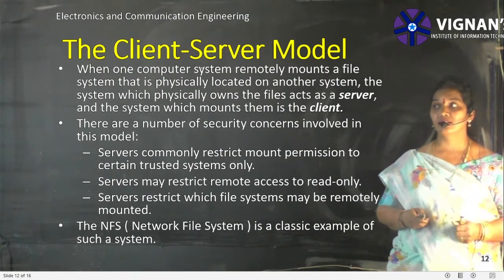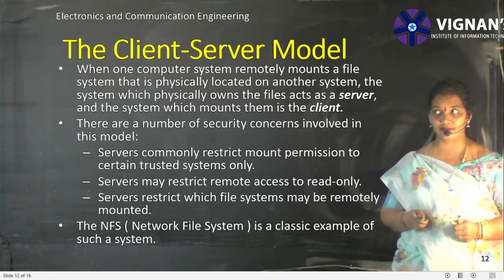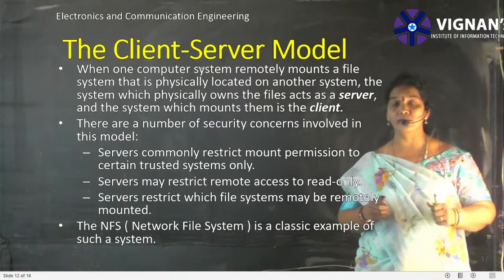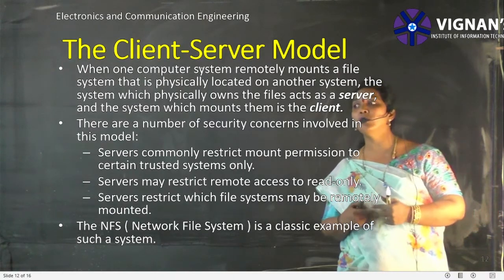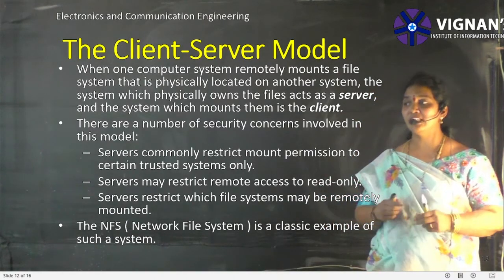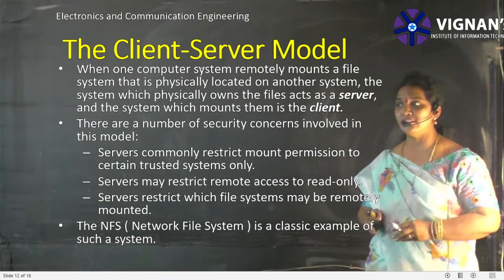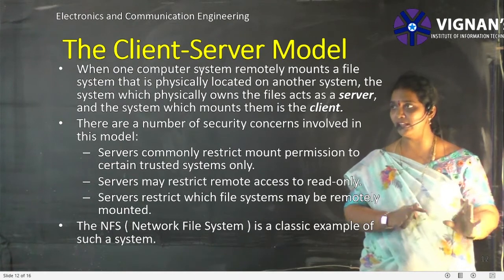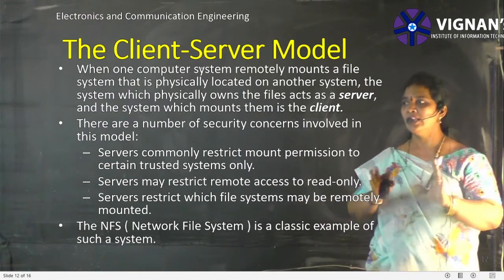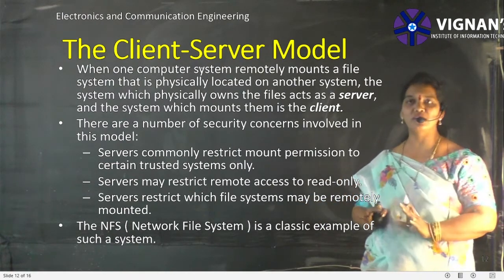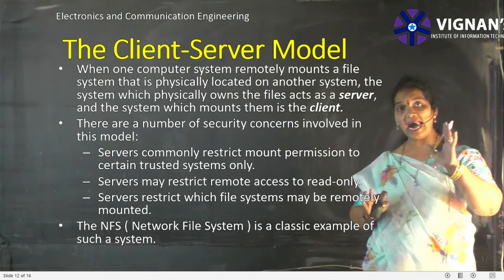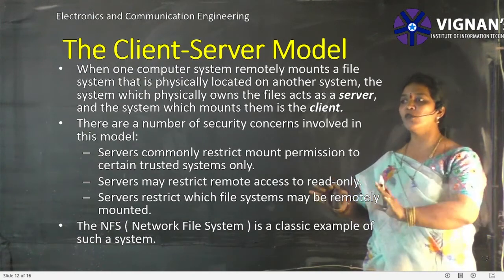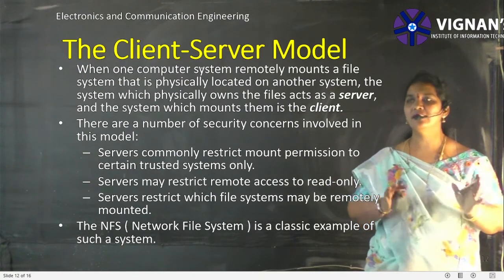Then comes the client server model. When one computer system remotely mounts a file system that is physically located on another system, the system which physically owns the files acts as the server and the system which mounts them is the client.